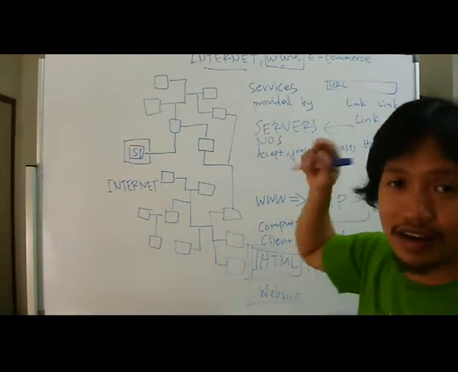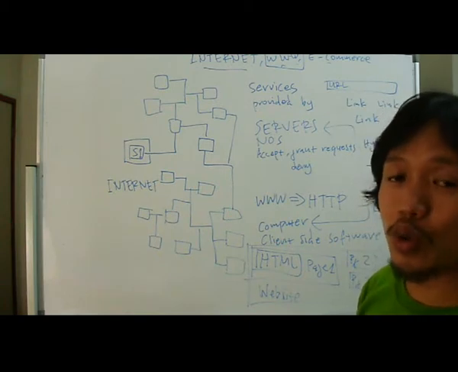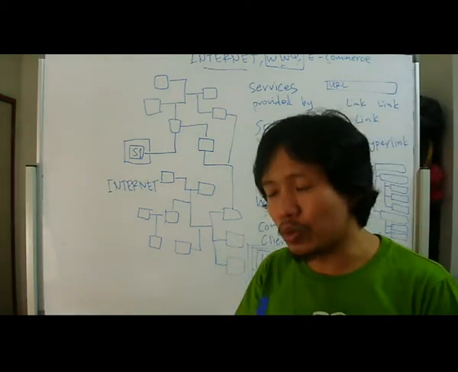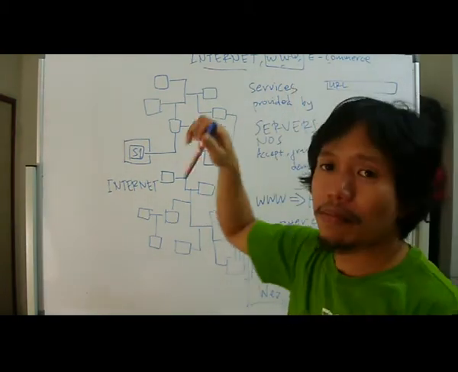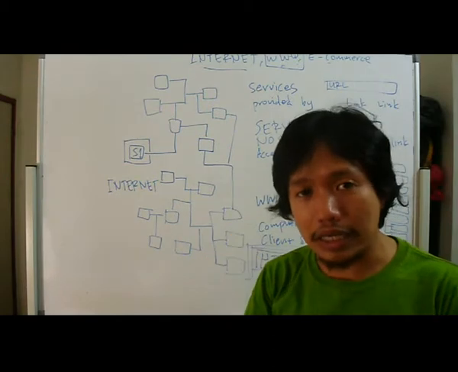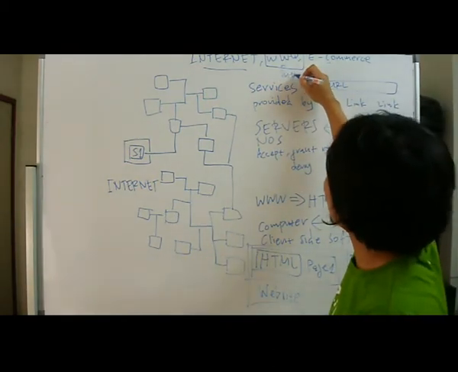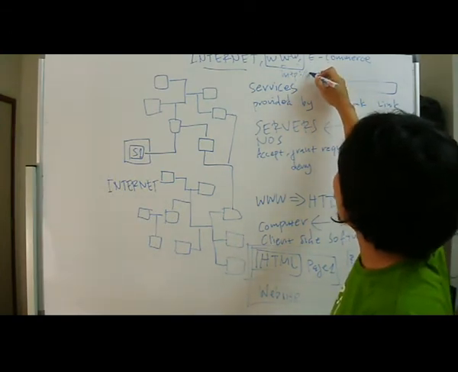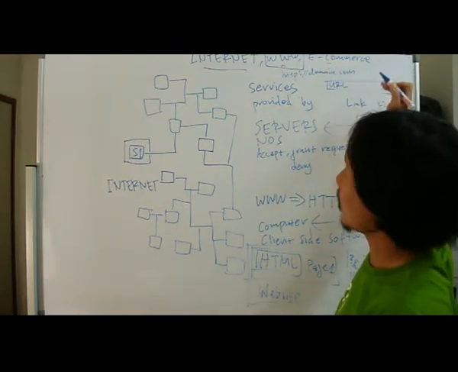So what is the URL then? It is what we call a uniform resource locator, right? Meaning that in order for you to get to a certain resource on the World Wide Web, you have to type it accordingly. First you must have the protocol, right? Followed by what we call the domain name, right?